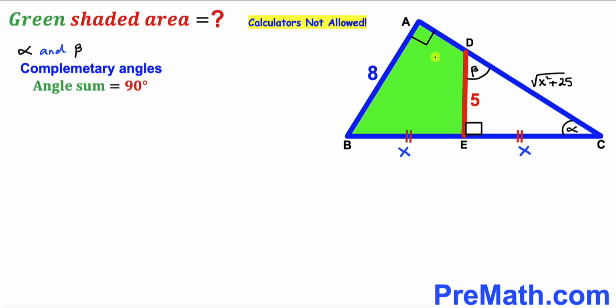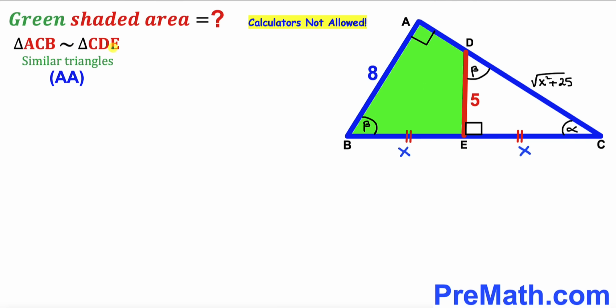Now in this big right triangle ABC, we know this angle is alpha, this angle is 90 degrees, so this angle has got to be our angle beta. Therefore we conclude that these two right triangles, triangle ABC and triangle CDE, are similar triangles according to the angle-angle similarity theorem.